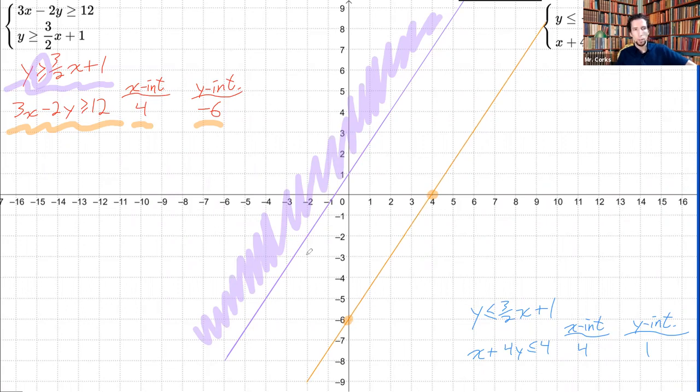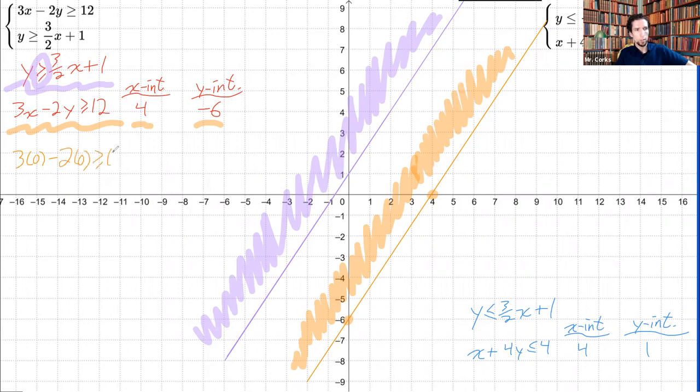And this one as well, are we shading above or below? Above. Okay, good. So we are shading above here, like this. Again, if we're not sure if we should be going above or below, just substitute in a point, any point at all. The origin (0, 0) is easiest.